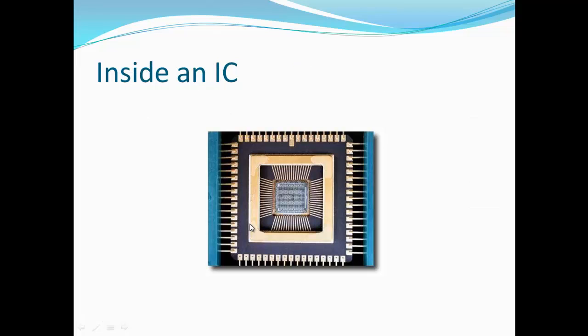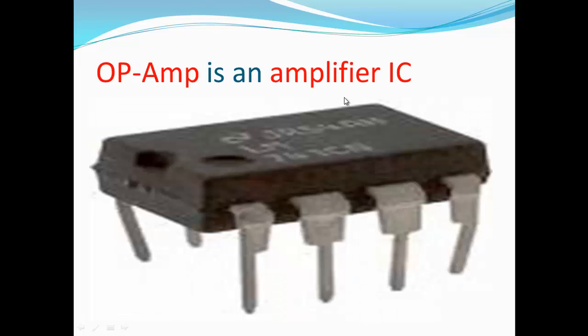And what is inside an IC? Inside an IC is a bunch of semiconductor materials, transistors, and also capacitors, and all these small chips are called an IC. An op amp, which is an operational amplifier, is an amplifier IC, and it is represented as this shape.